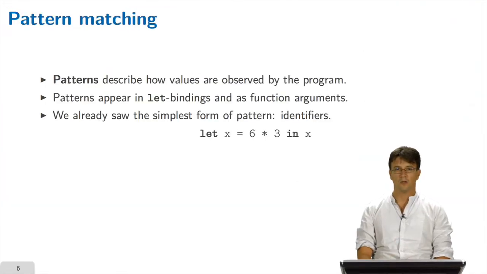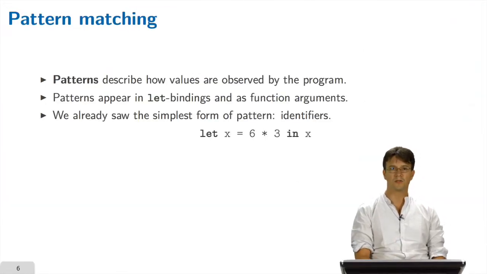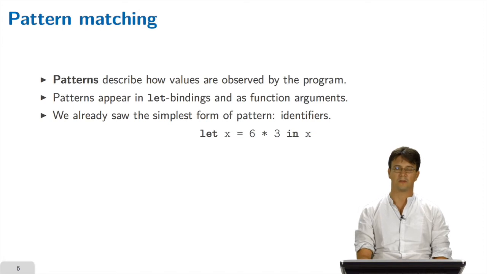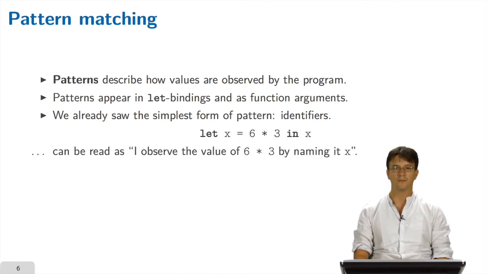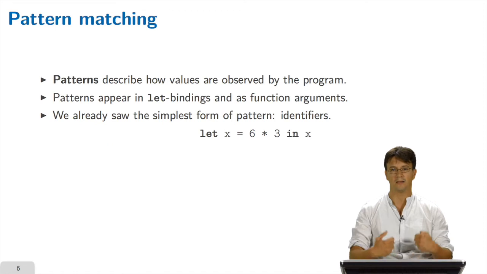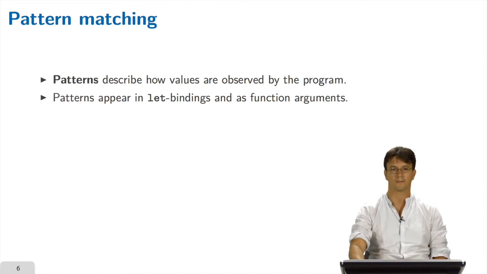In fact, we already saw the simplest form of pattern, identifiers. When you have an expression of the form let x is equal to 6 multiplied by 3 in x, you can read it as I observe the value of the expression 6 multiplied by 3 by naming it x.